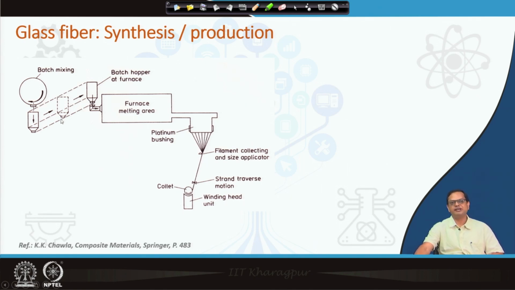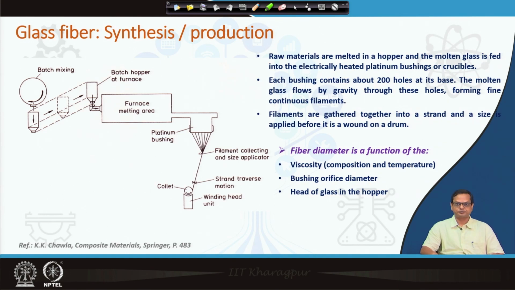That is how glass fiber is made by melt spinning. The melting point of the material should be low, so that the melt spinning process becomes easier.